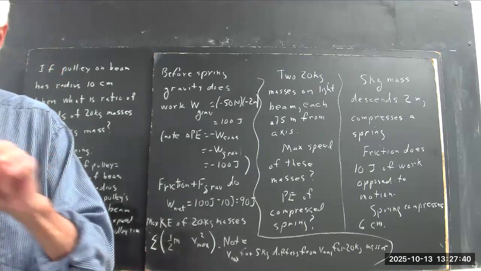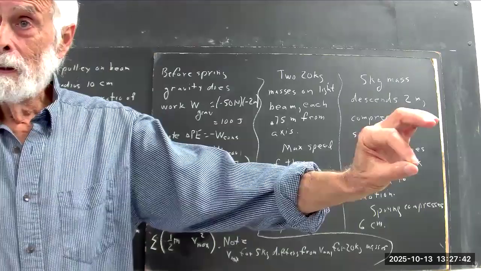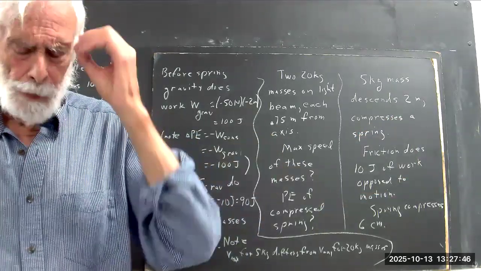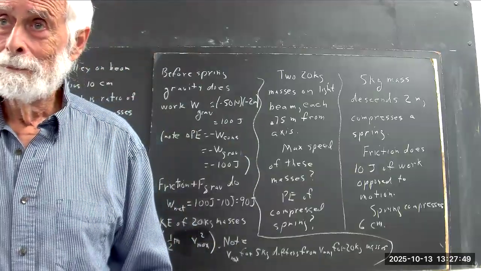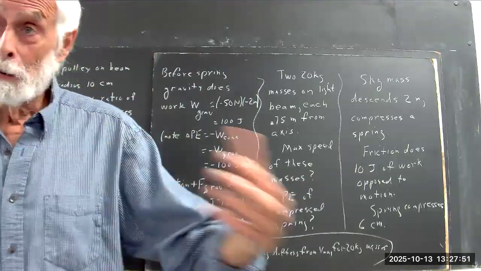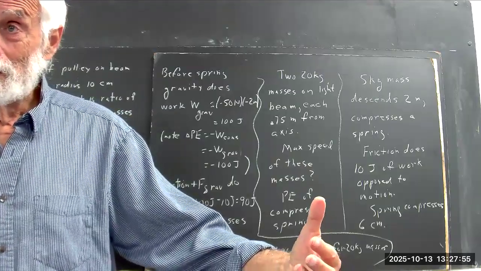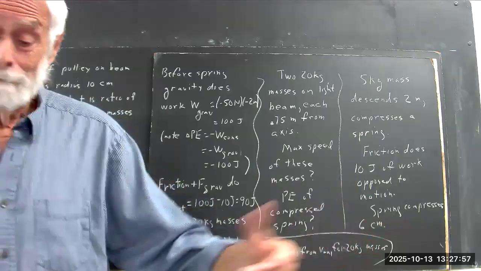Okay, so now we've established that the string is moving at the same speed as the rim of the pulley. So how fast is that mass descending? The same speed as the string. Okay? That makes sense?